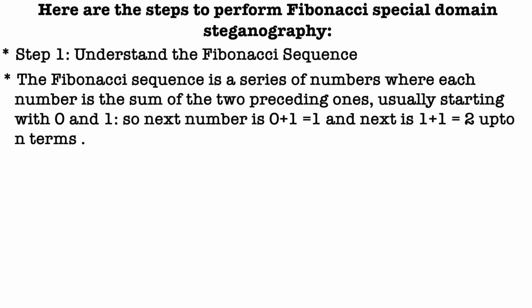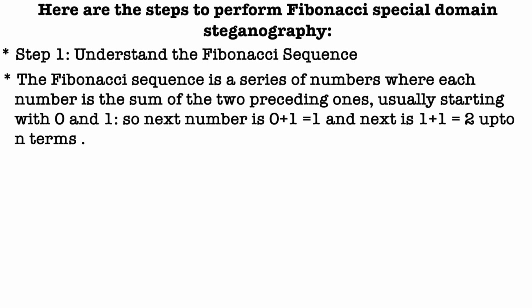Here are the steps to perform Fibonacci spatial domain steganography. Step 1 is understanding the Fibonacci sequence. It is a series of numbers where each number is the sum of the two preceding ones, usually starting with 0 and 1.